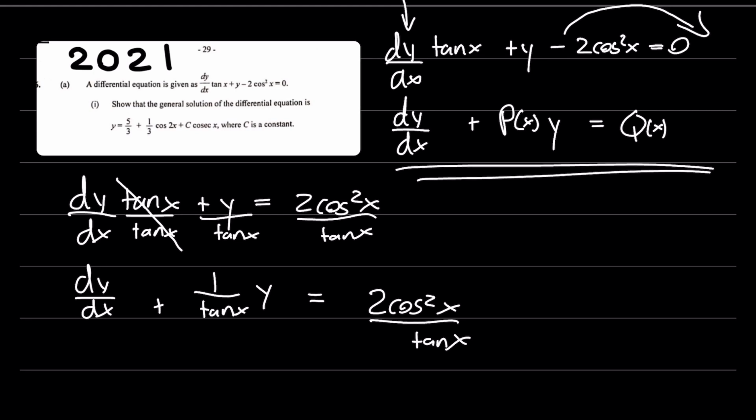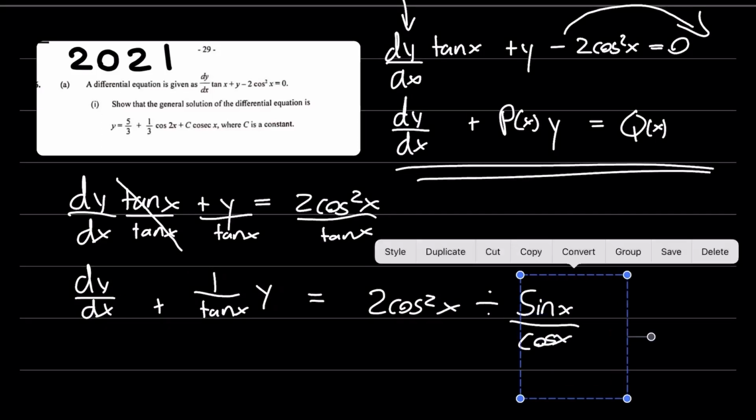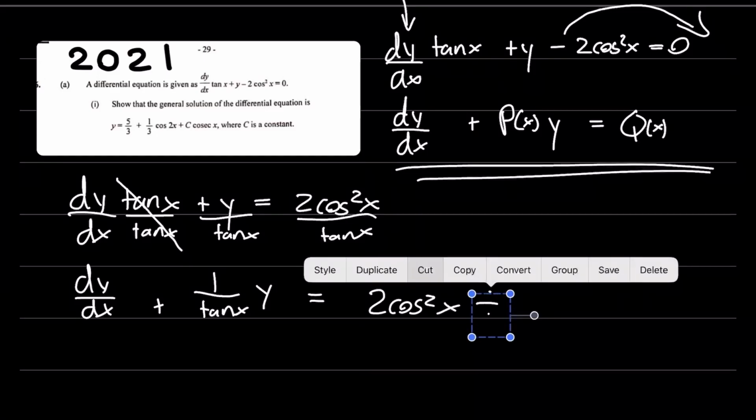Now, what do you know about tan x? Well, first of all, I just like to fix this part over here. It's really the same thing as saying 2 cos squared x divided by tan x. And tan x is just the same thing as sine x over cos x. When we're dividing a fraction, we can just flip the fraction and multiply.